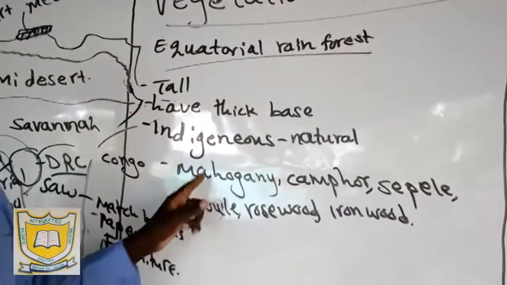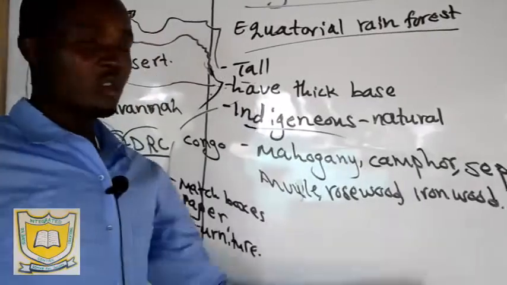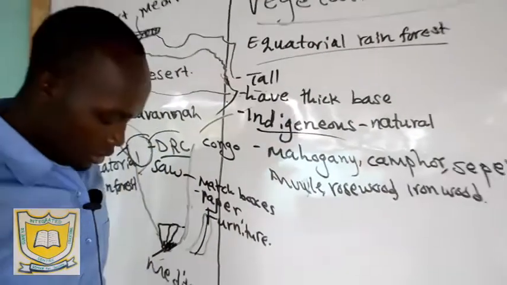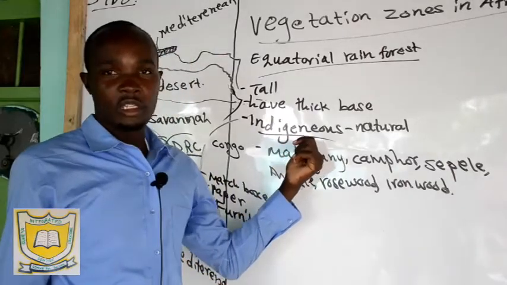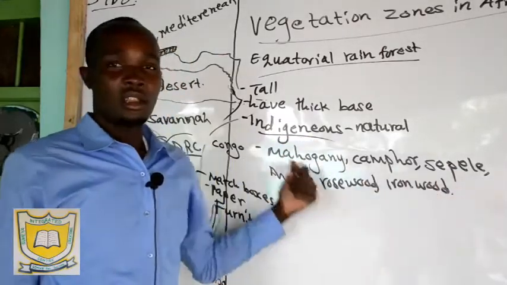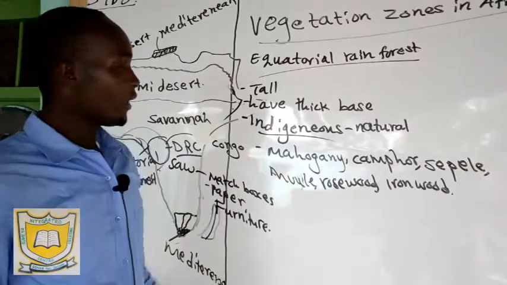So those are what you call indigenous trees. When you talk about indigenous trees, we are talking about the natural trees, or the hardwood, sorry. So these are hardwood. They are the ones you call indigenous. You'll find them in this forest.